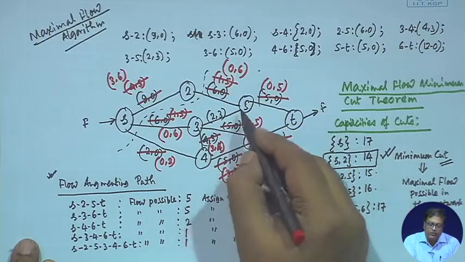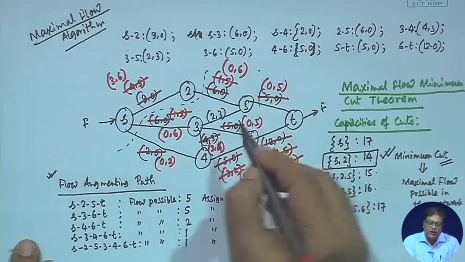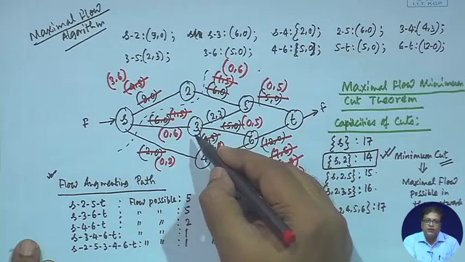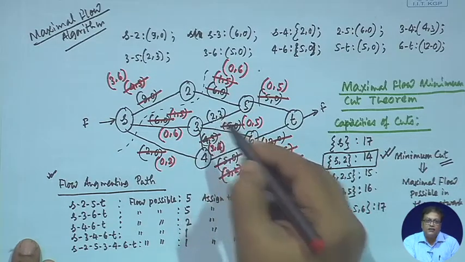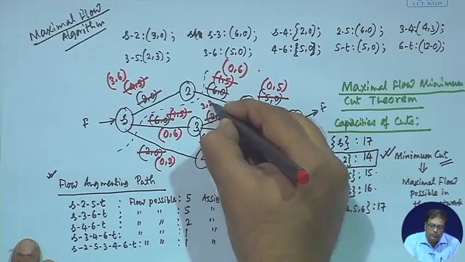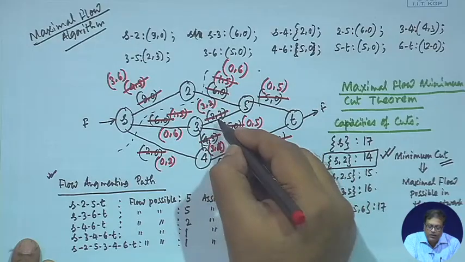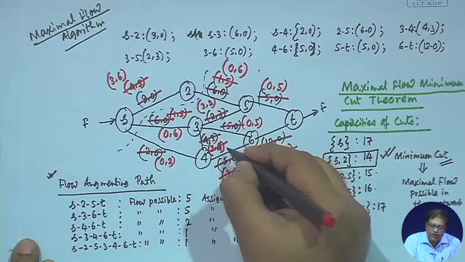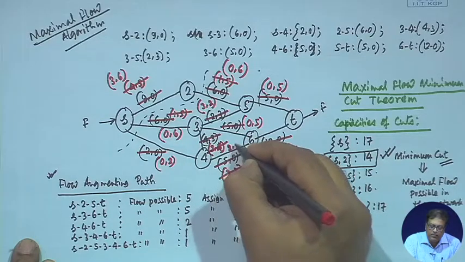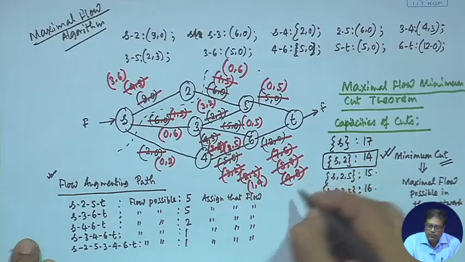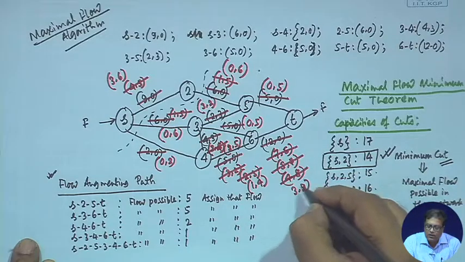Then 2-3, how much will 2-3 become? Look here, the flow is actually being assigned on the reverse side, that is 5 to 3, not on the forward side. So, 2-3 will become 3-2, because reverse flow capacity will reduce, forward flow capacity will go up, and 3-4 will now become 2-5, 2-3 will become 1-4, and 4-8 will become 3-9.